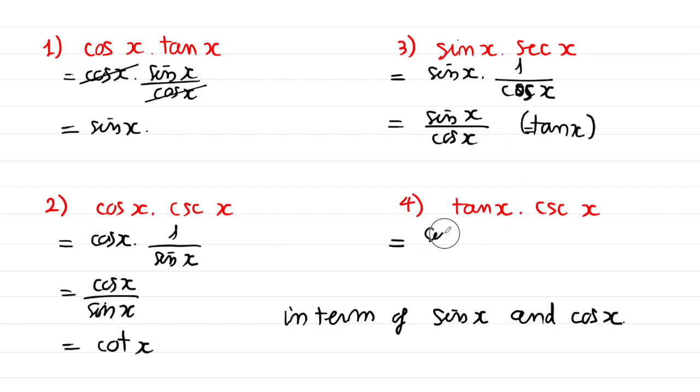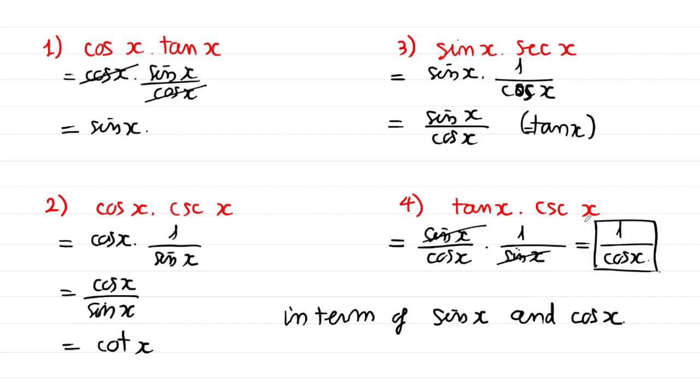For the last one, you have sine x divided by cos x, and for cosec you have 1 over sine x. This one simplifies with this one, and then 1 divided by cos x. Okay, this is the answer for the first 4 questions.